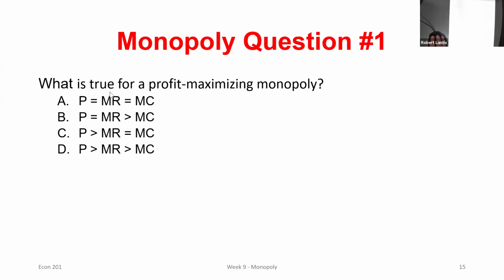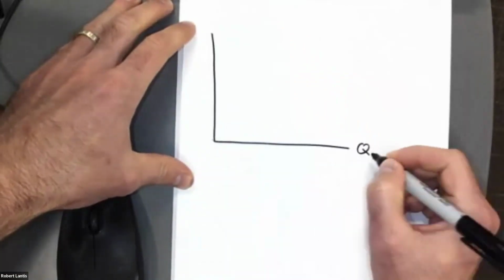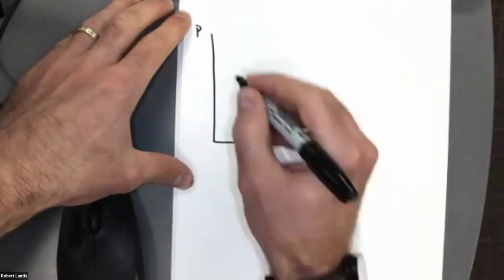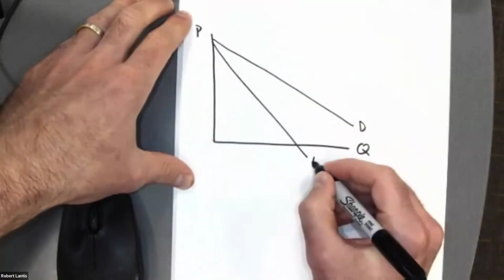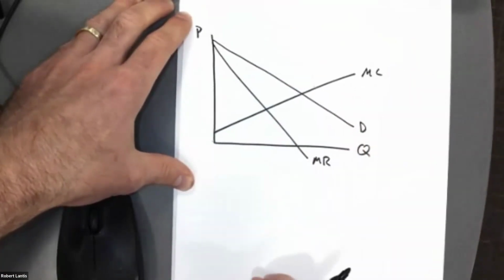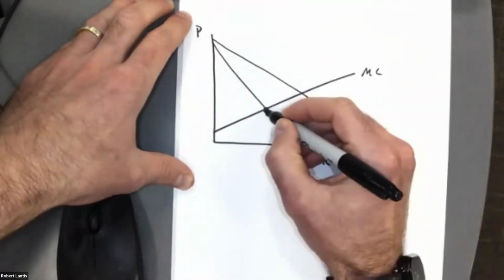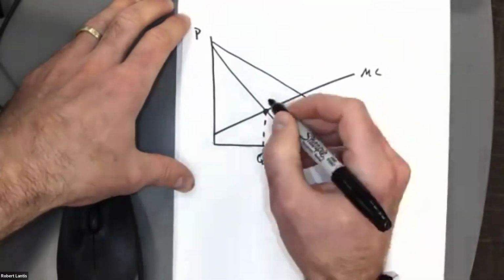This is where you can always draw things out to help you. The first thing I should always do is say, okay, they face the entire demand curve. Their marginal revenue will be twice as steep, and there's going to be some increasing marginal costs. Where marginal cost is equal to marginal revenue, that's the optimal profit maximizing quantity.